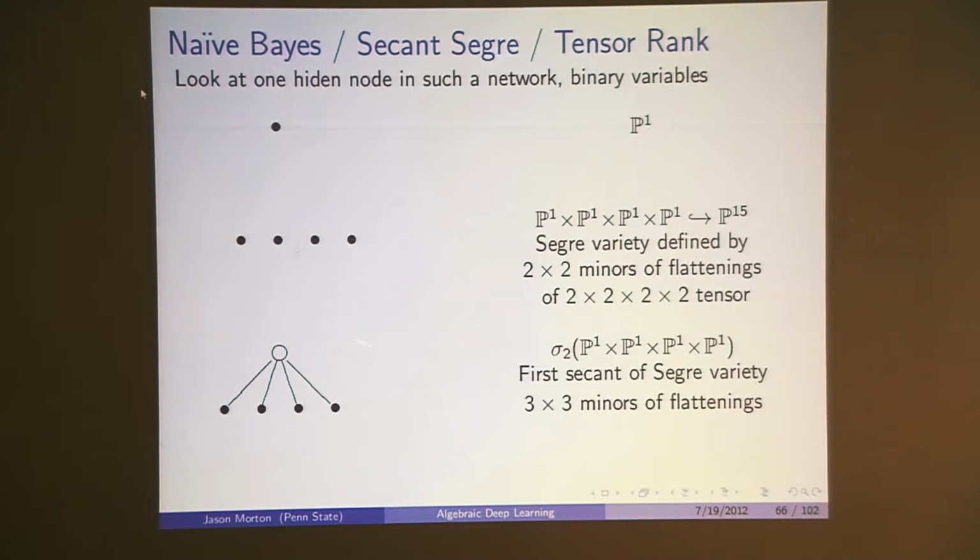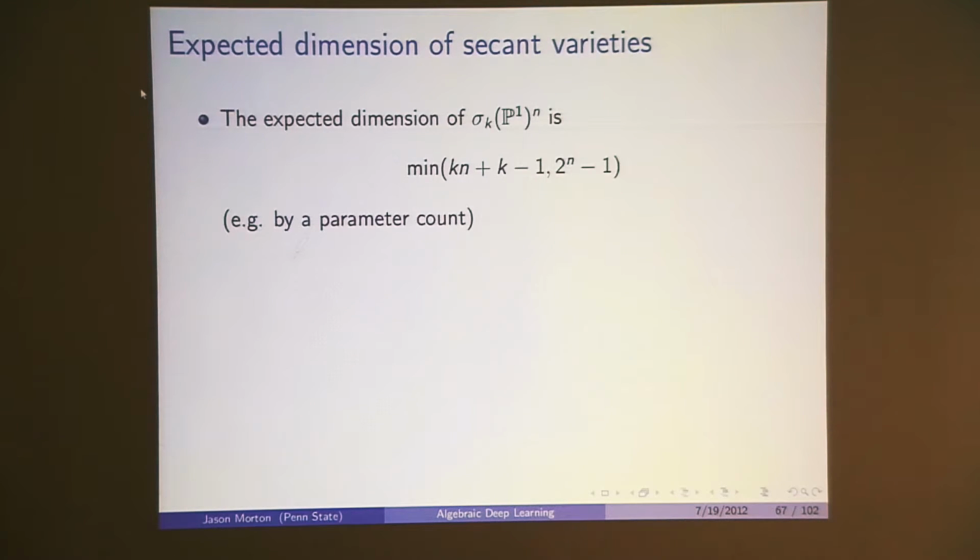If I take the first secant variety of this Segre variety, where I have two hidden states and 2 of each of these visible states, then that's also cut out by the 3 by 3 minors of the flattenings, and that remains true even when these things get bigger. But in general, it's not so easy. And we know things like dimensions, equations defining these things. Okay, so the expected dimension of secant k P1 to the n.